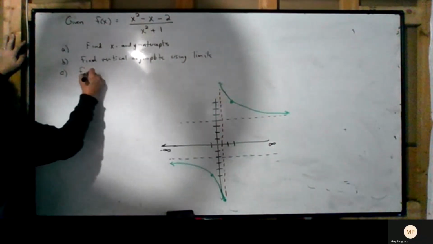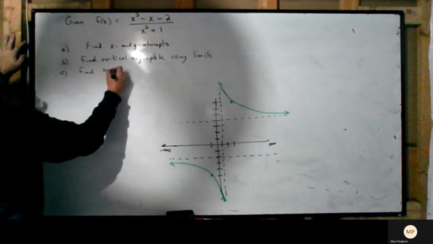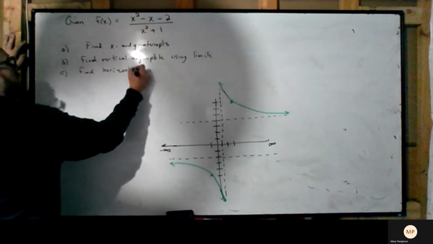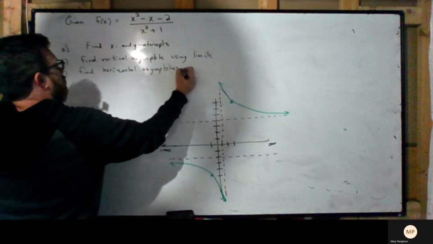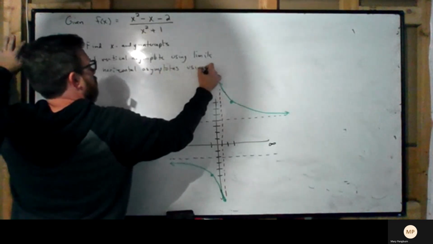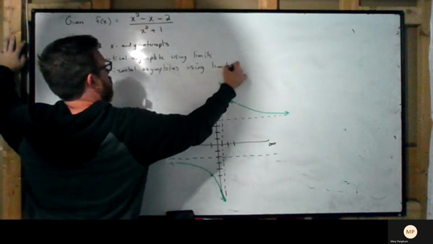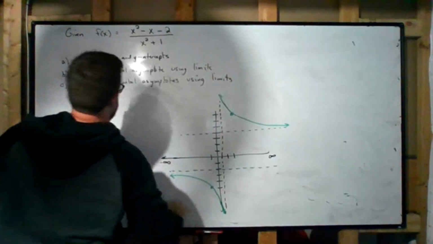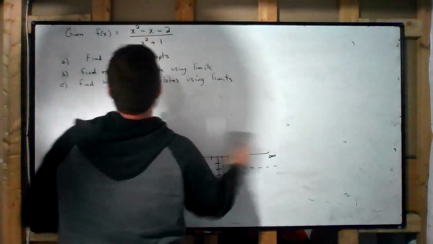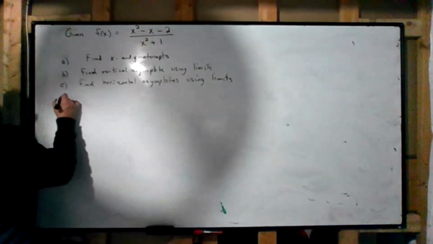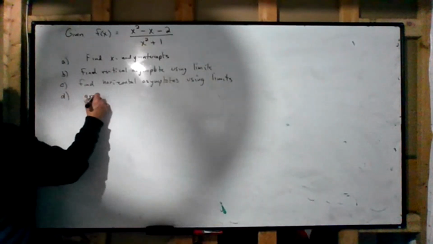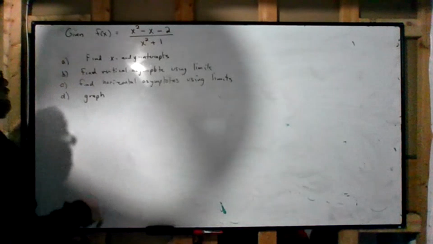C, I want to find horizontal asymptotes using limits. And then last, let's graph it, from the above information, of course.